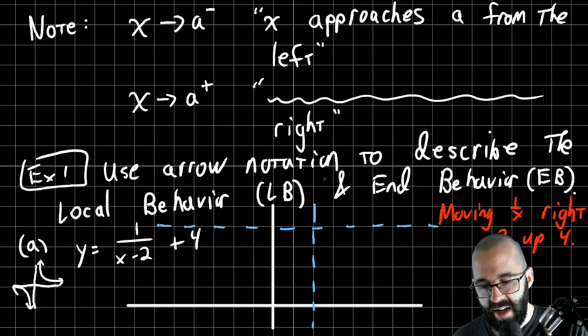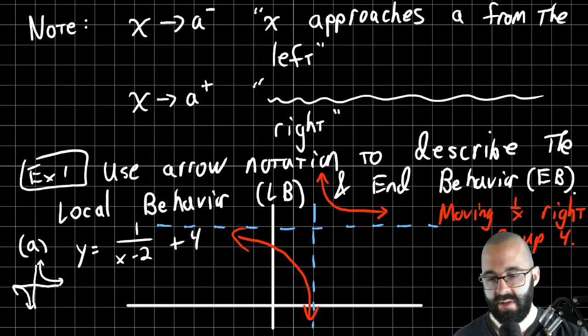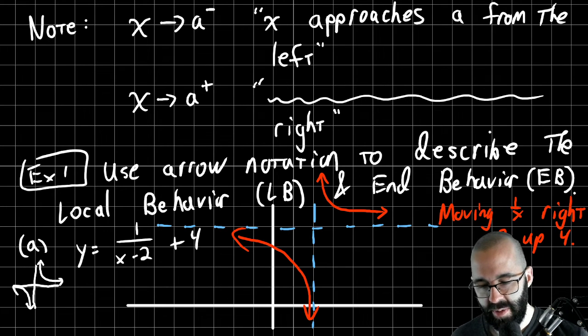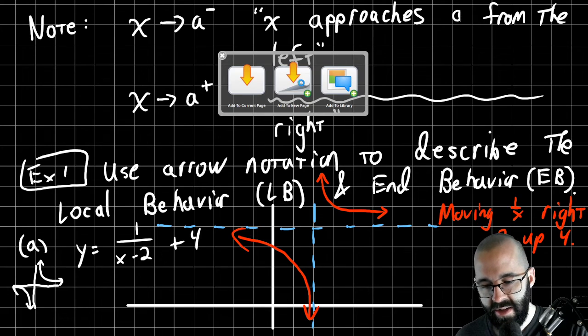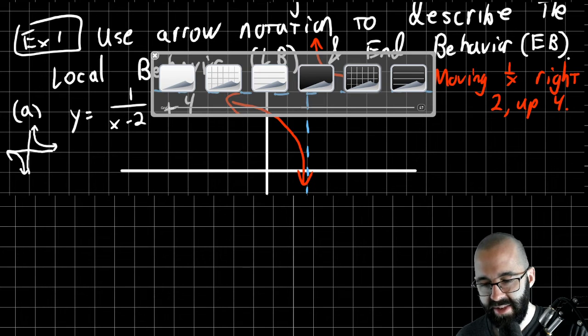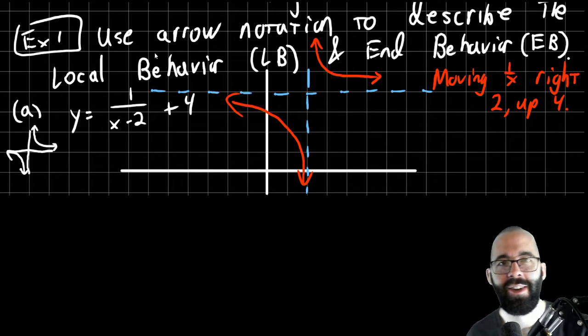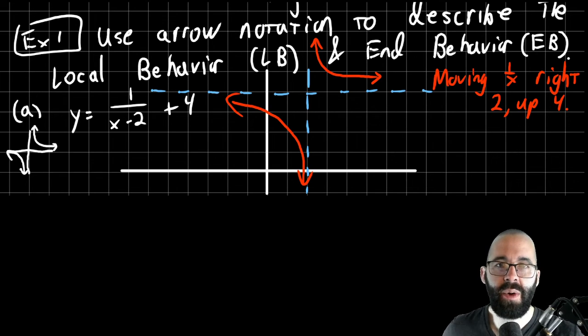And then we can make a little sketch, just use the same shape as before, and we know this is what our function's looking like, and we can use this to describe the local and end behavior. Definitely should have done this on the next page. Watch this. It is now on the next page. Flawless. All right, so let's answer the question.